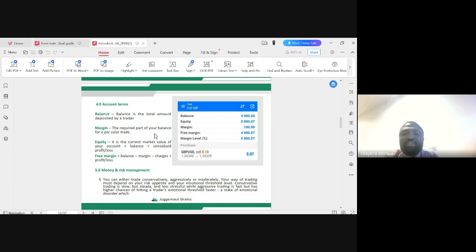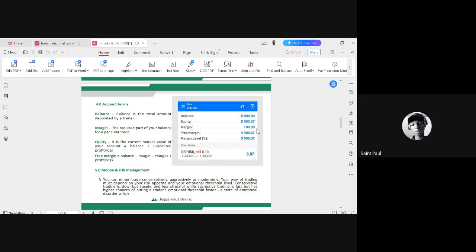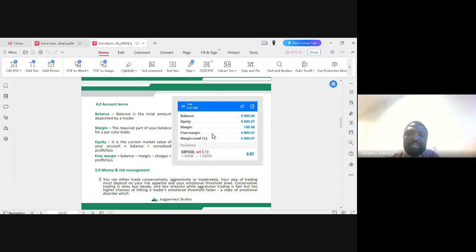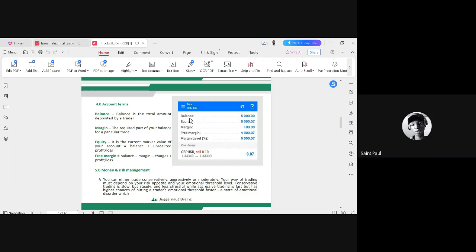So if you check this interface, when I entered into this trade, this is like the starting point, and you can see the trade is at a profit of like 7 cents. So that's why equity here has risen by 7 cents.